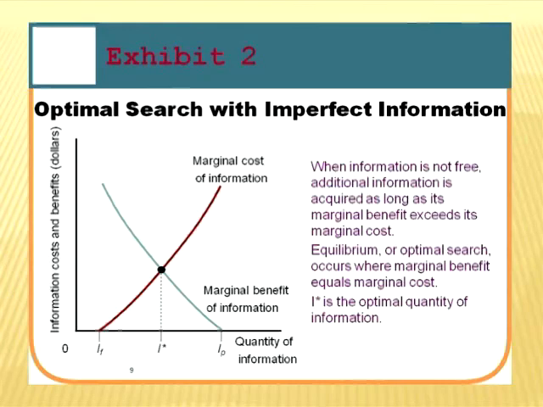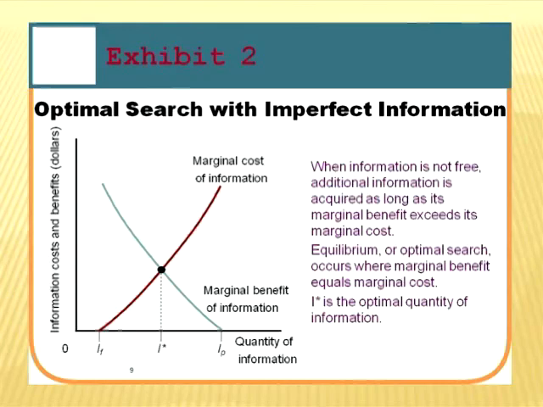On the other hand, if we were buying a new car, the marginal benefit of that information would be much higher, since we're going to have to live with that for a longer period of time. And so we would be willing to search out additional information and go through additional searches and new sources and so forth. But for any particular purchase, there is an optimal level of information, here listed as I star.